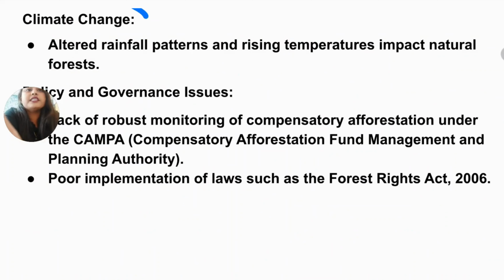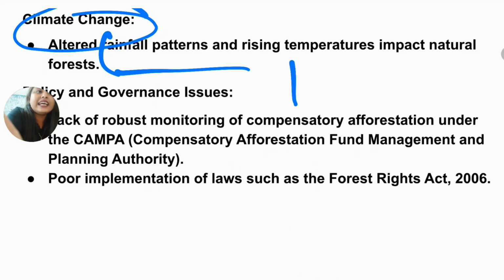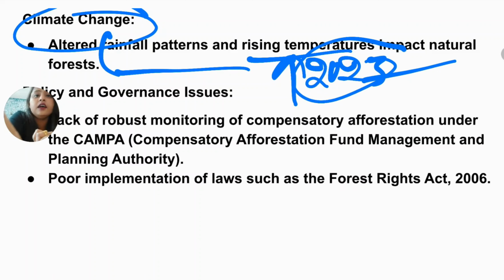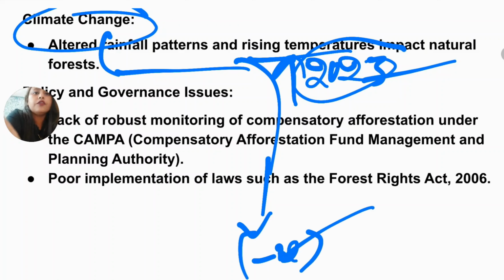And especially, obviously, the climate change concern. This will alter rainfall patterns and increase the temperature so significantly that we have seen 2023 as the hottest year so far. There have also been initiatives to reduce the temperature. We'll talk about it in the way forward.